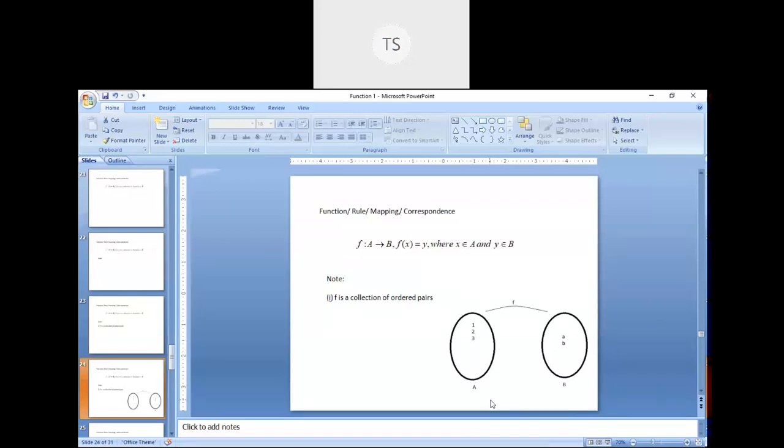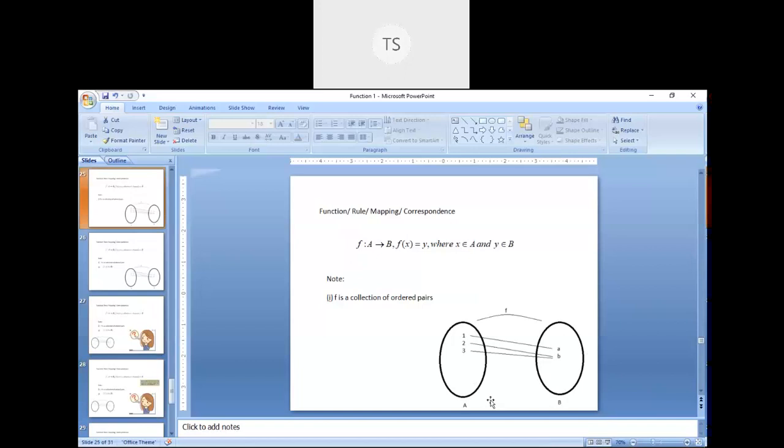That means from 1 we are getting two relations with the elements of set B: 1a, 1b. Again for 2 I am getting 2a, 2b. For 3 also 3a, 3b. Okay. So function is a collection of ordered pairs.